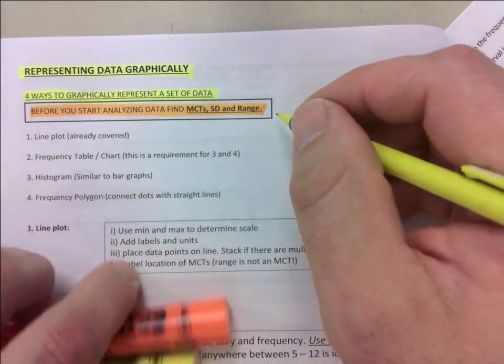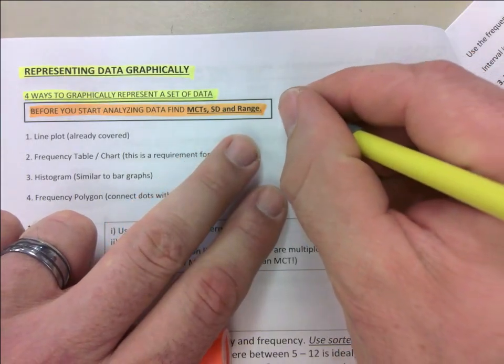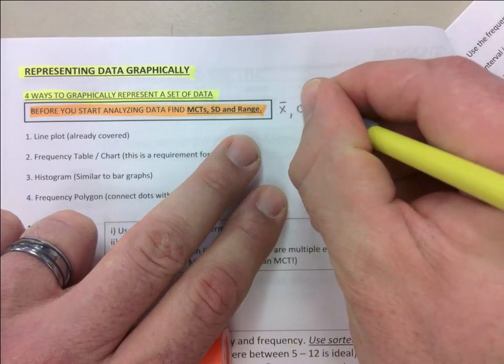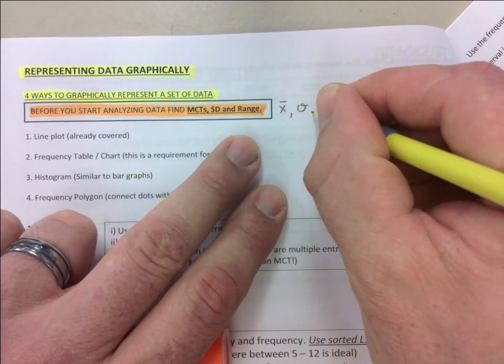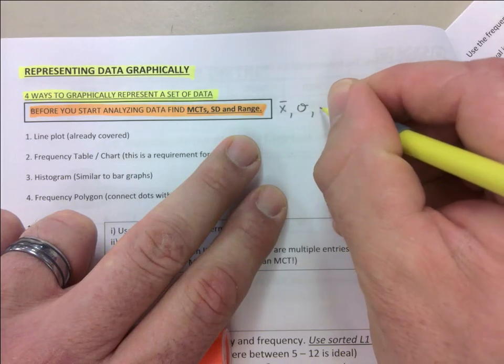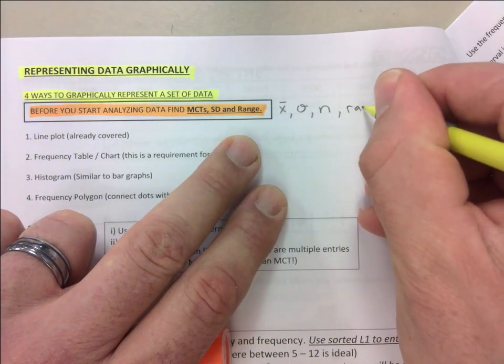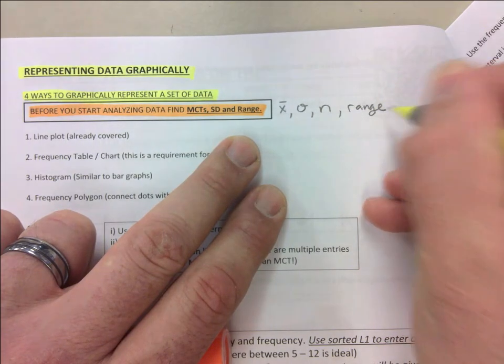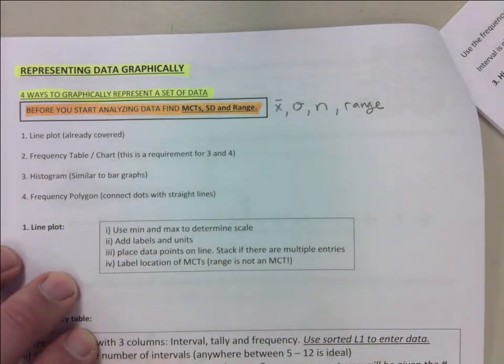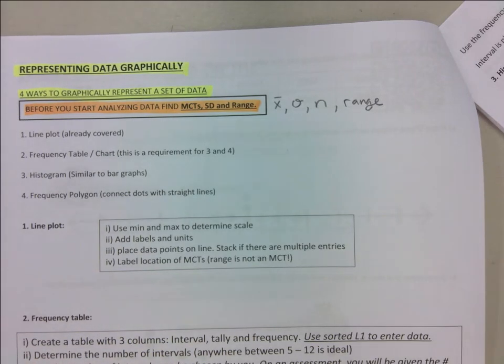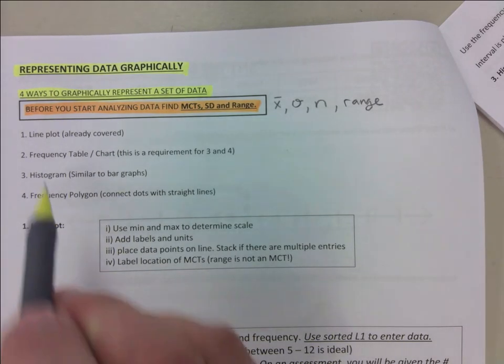Basically, find the mean, find the standard deviation, and find n, as well as the range. These are, in my opinion, must-haves, because they all help you make your graphs.